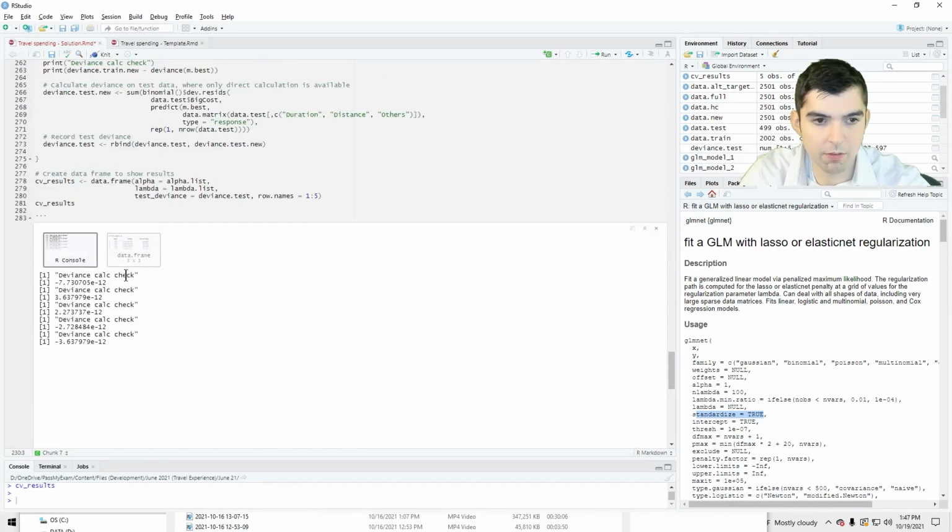So here's the deviance. It's showing you the deviance calculations for 1, 2, 3, 4, 5 models.